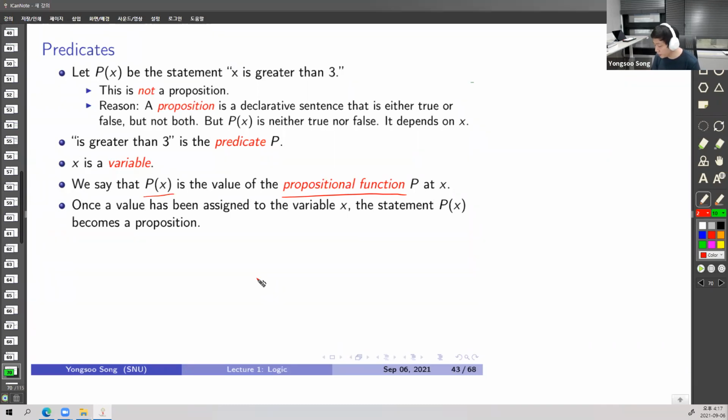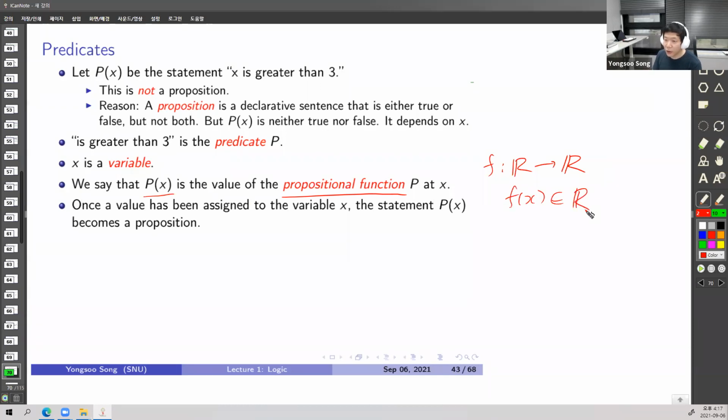Imagine a function from real numbers to real numbers. The function itself is not a real number, right? A function is just a function. You get a real number when you evaluate the function at a certain value.